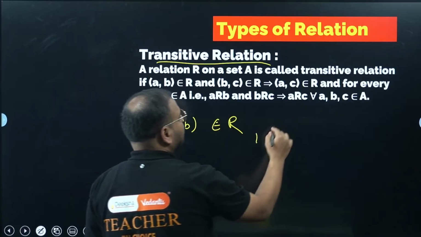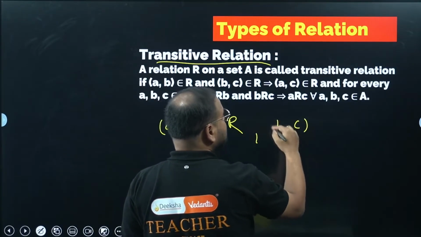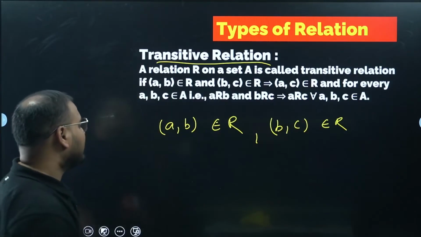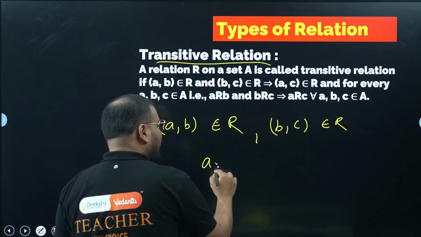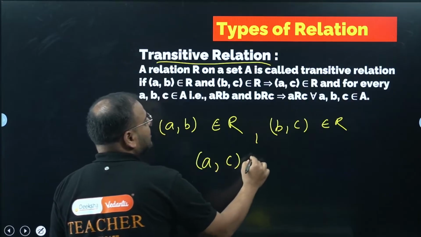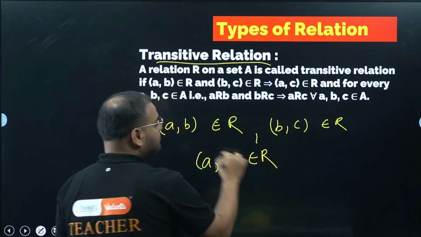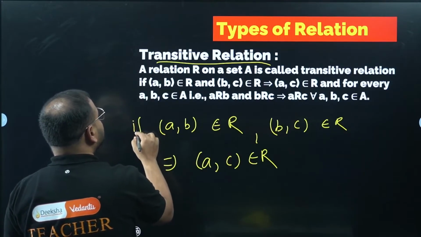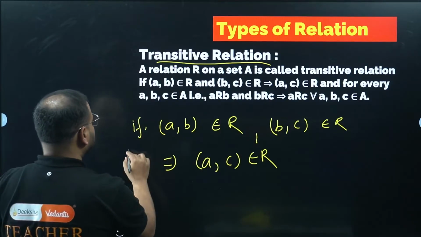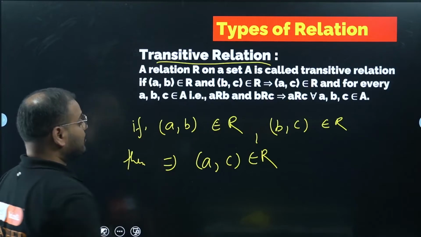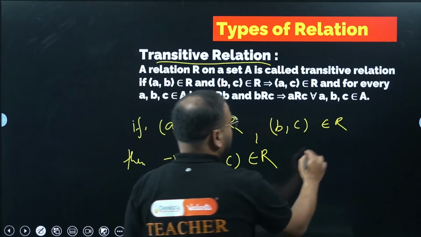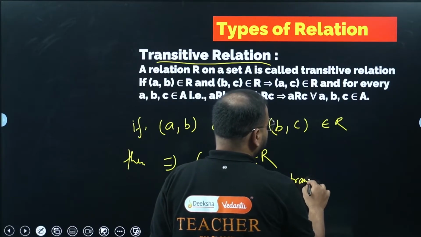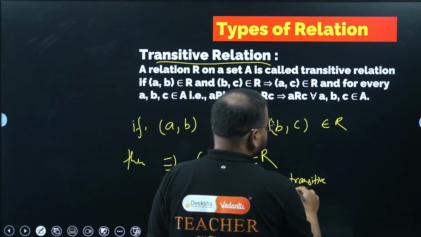And we also have at the same time B comma C belonging to the relation R, then we must have A comma C belonging to R. So basically this is the if statement and this is the then statement. If this is valid, then we can call the relation R transitive.